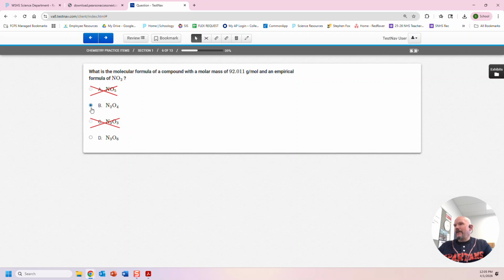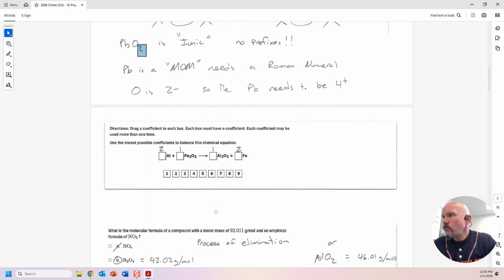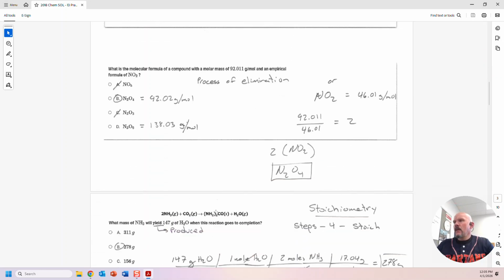So it's got to be that one, right? This one would have a molar mass that's too high, right? 2-to-4 reduces to 1-to-2, and 2 nitrogens and 4 oxygens adds up to that, right? Yep. Okay.